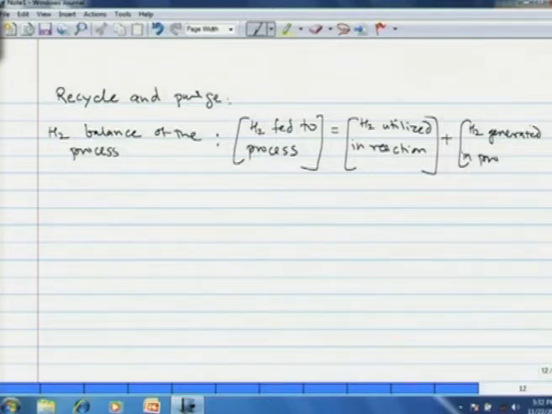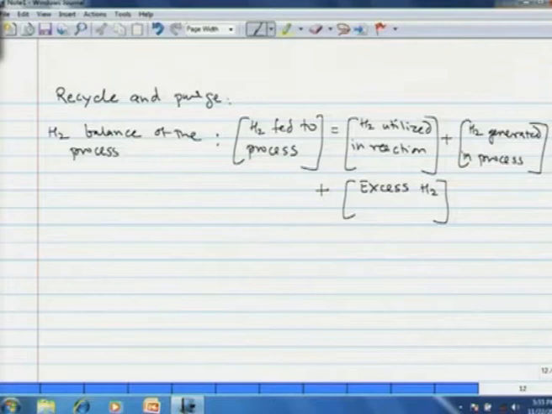We saw that when two molecules of benzene combine to give diphenyl, hydrogen is generated in the process, okay, plus the excess hydrogen that is left as unreacted. So, this is the basic balance on hydrogen.